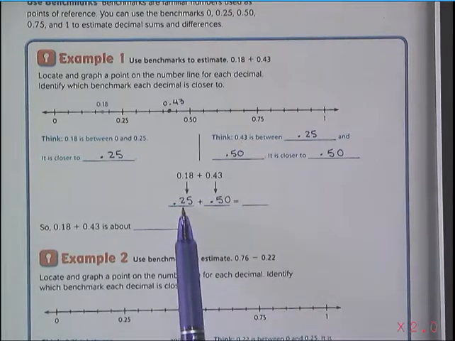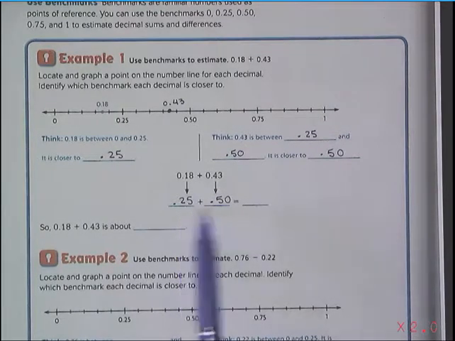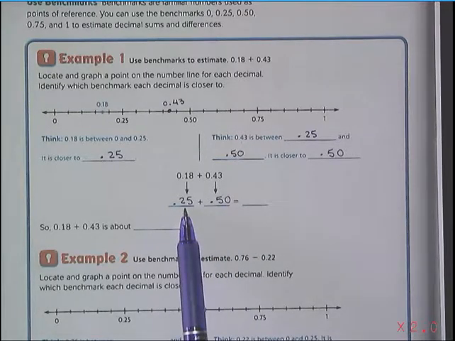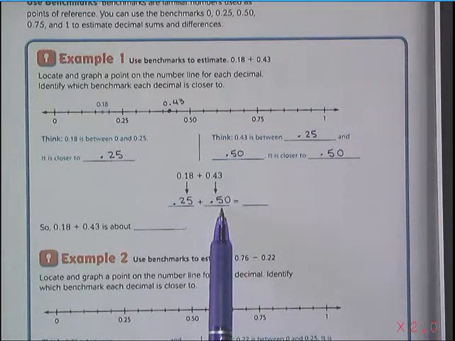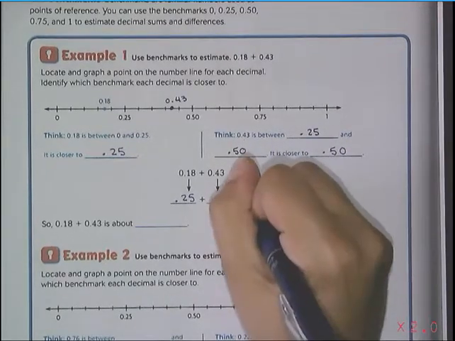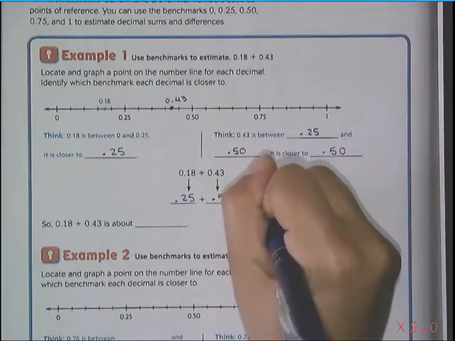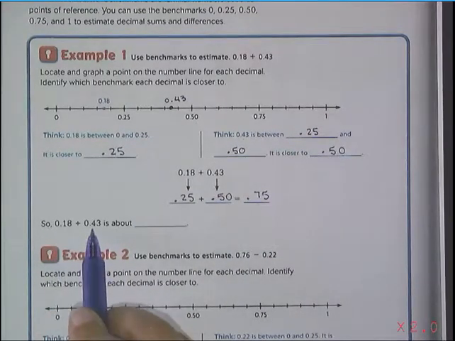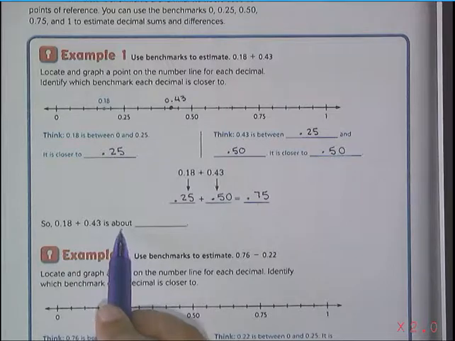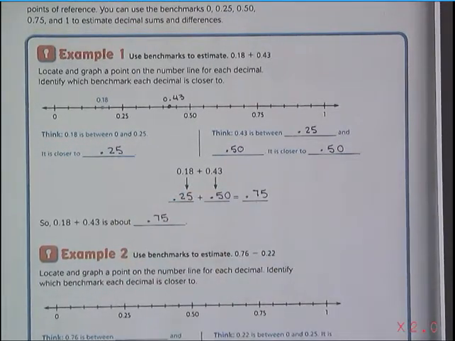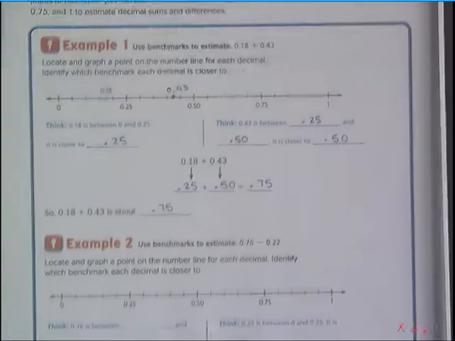So if I have 0.25 plus 0.50, I have 1 quarter plus 2 quarters. I have 3 quarters, which is 0.75. Okay, so 0.18 plus 0.43 is about 0.75. Okay, so that's how we would do this one.